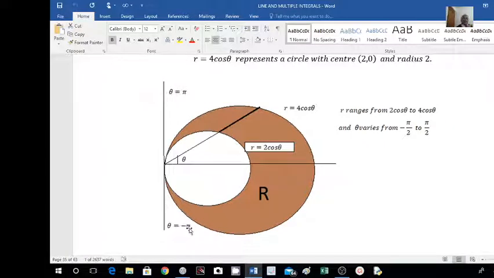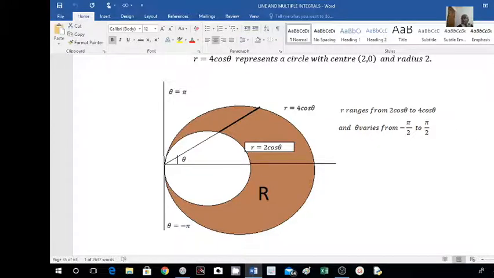Theta ranges from minus pi by 2 to plus pi by 2. I had to change this one. So R ranges from 2 cos theta to 4 cos theta, and theta ranges from minus pi by 2 to plus pi by 2. Okay, these are the limits. Here it is correct. Only thing we have to change is in the figure.